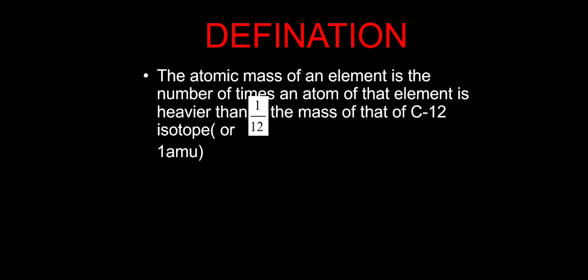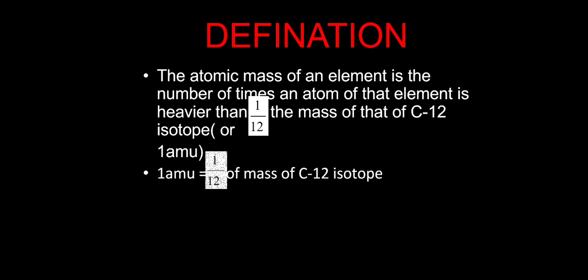In our case, the reference element is carbon-12, and not the whole carbon-12, but we are taking 1/12 of the mass of carbon-12 as the reference to measure the atomic mass, which we call 1 AMU. So 1 AMU is nothing but 1/12 of the mass of the C12 isotope.